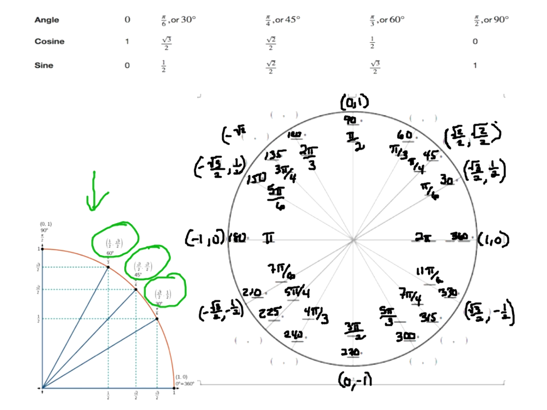So this is negative square root 2 over 2, positive square root 2 over 2. Moving down to quadrant 3, this is negative square root 2 over 2, negative square root 2 over 2. And quadrant 4, this is positive square root 2 over 2 and negative square root 2 over 2.